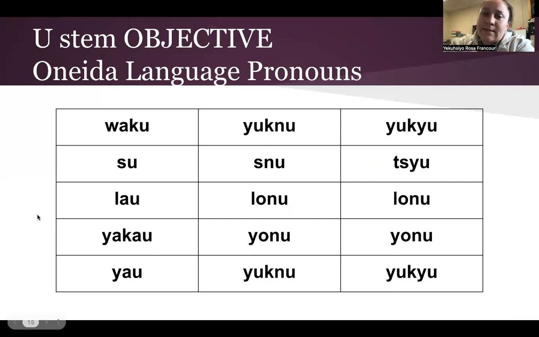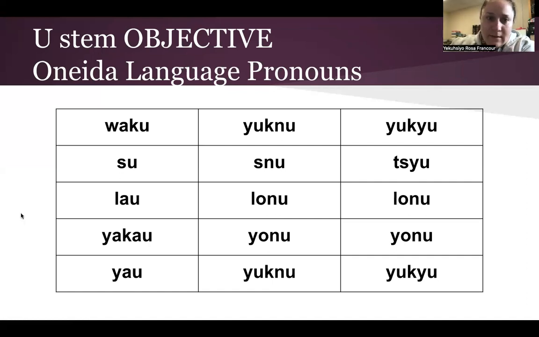I'll say the pronoun and I want you to repeat it as you're watching along to practice the pronunciation. So the first one: wagu, zoo, lau, yagao, yao, yungnu, snoo, lonu, yonu, yungnu, yungyu, ju, lonu, yonu, yungyu.